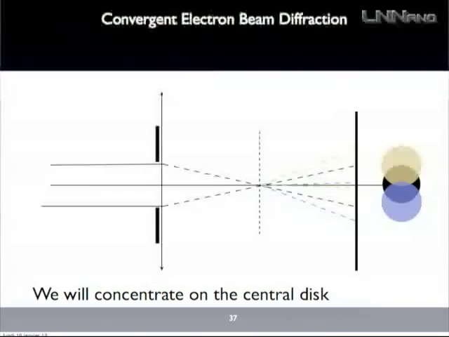The Ronchigram I will discuss essentially concentrates on the central disk, where sometimes in crystalline systems, we'll see one or two examples, there is an overlap of different Bragg disks. I show it to you because maybe some of you did some convergent electron beam diffraction. So there is nothing very mysterious about the Ronchigram. It's just a broad disk, and the information inside is what will be of interest.